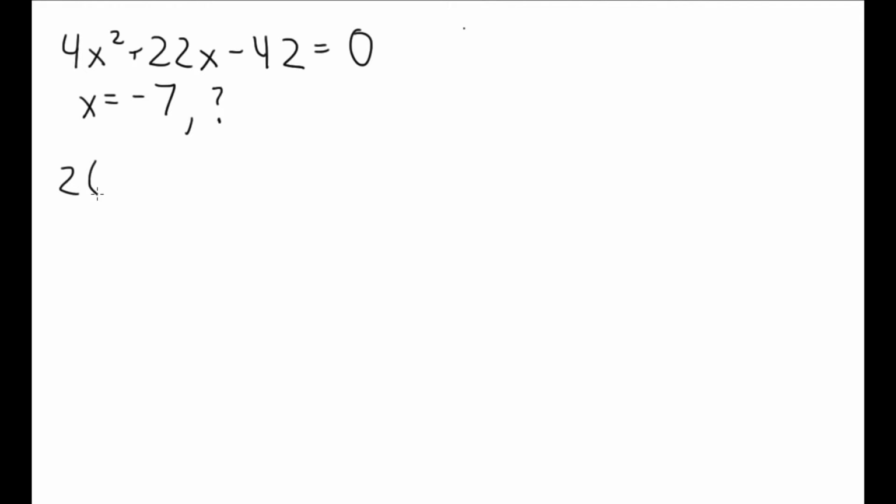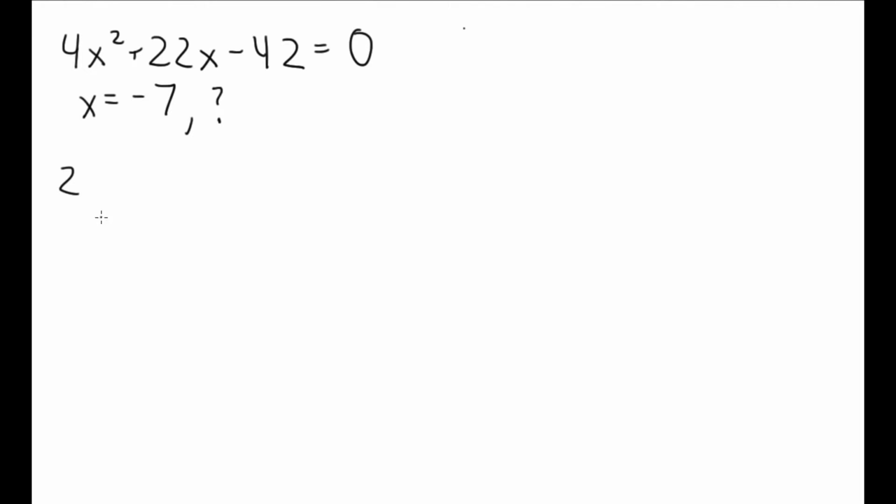Okay, one last quadratic example. So there's our equation, and we're going to be given one root of negative 7. So what is the other root? Now in this case, it might actually be faster using polynomial long division than factoring this, because this looks like kind of a hard factoring problem, right? Well, the first thing we want to do is actually factor something out of this equation. You can see that all the coefficients can be divided by 2.